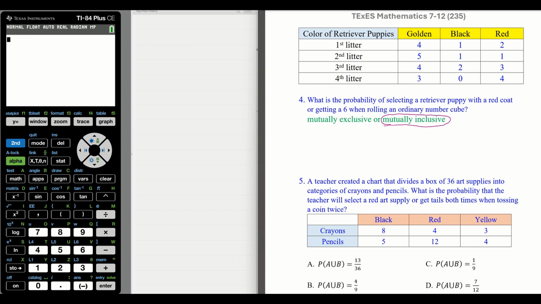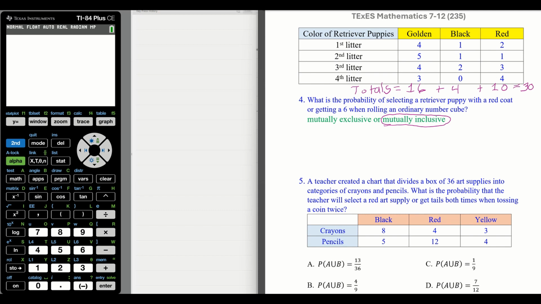So we need to add up each column, get our totals. This is 4 plus 10 red retriever puppies. That's going to give us a total of 30 puppies. Okay, that's our totals. Now what is the probability of selecting?